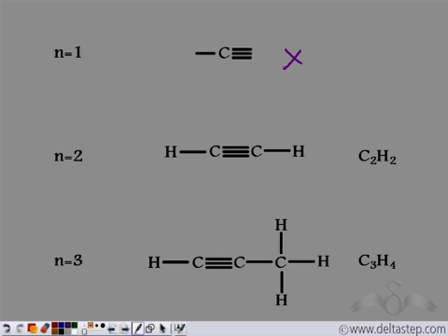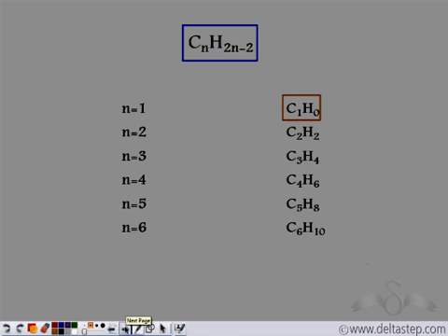For n is equal to 2, we get C2. If we double this number, we get 4. Minus 2, we get 2. Similarly, for C3H4, we have 3 carbon atoms. If we double 3, we get 6. And 6 minus 2, we get 4. So the general formula of the alkynes is CnH2n minus 2.